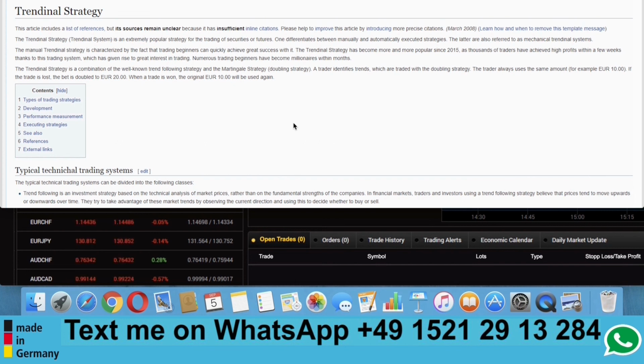The trader always uses the same amount, for example 10 euro. We were using like 7.7 pounds. In our example, if the trade is lost, the bet is doubled, so that's why we always doubled. When the trade is won, the original amount will be used again. So that's what we did. You can also check this article online if you wish.